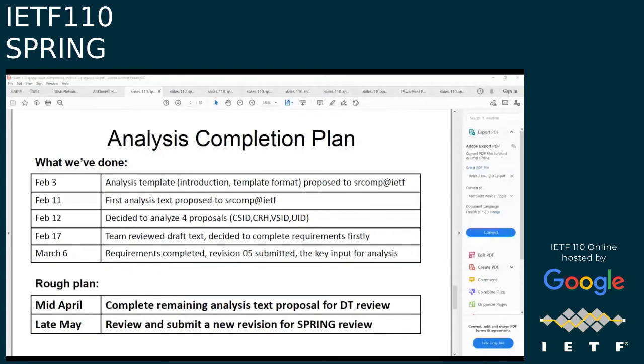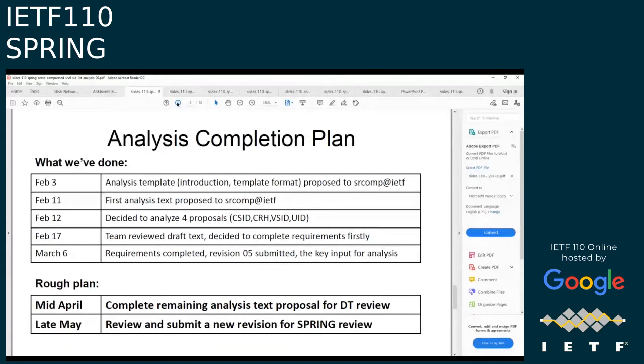And we hope to start the work on this draft after the IETF meeting, and maybe in the middle of April, we hope to complete the remaining analysis text proposal for design team review. And in late April, we hope to post a preliminary version to the working group.